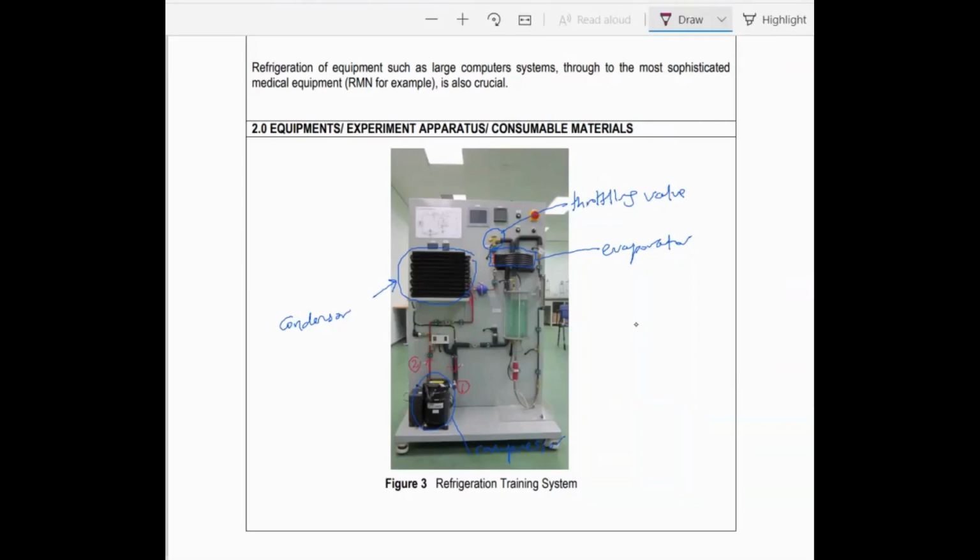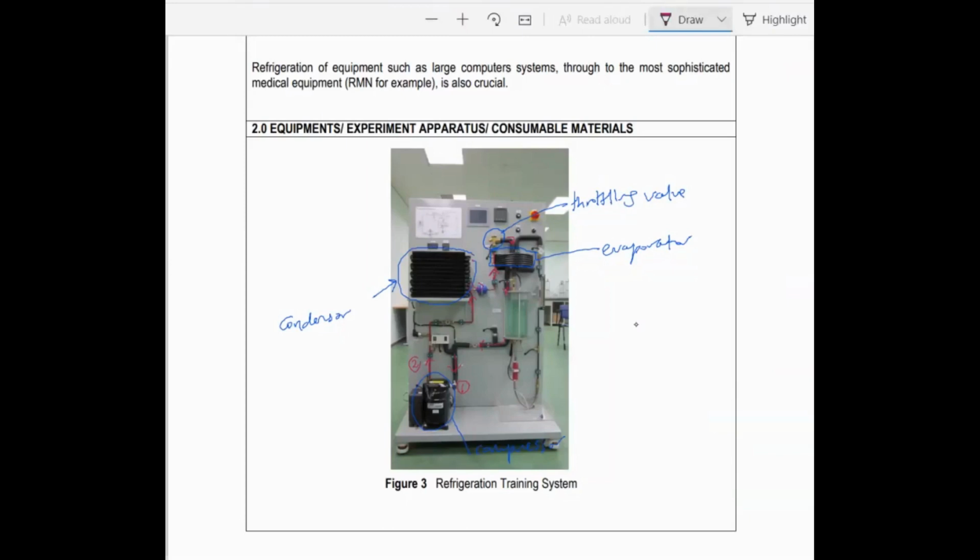And then it goes to the expansion valve or throttling valve. Outside of the throttling valve, it goes inside the evaporator, and the outlet is here. Outside of the evaporator, it then goes back to the compressor.